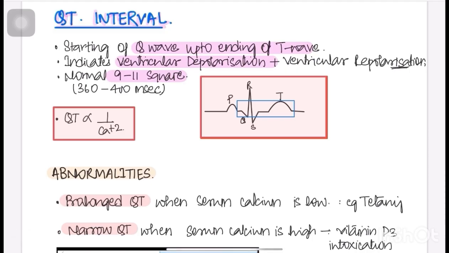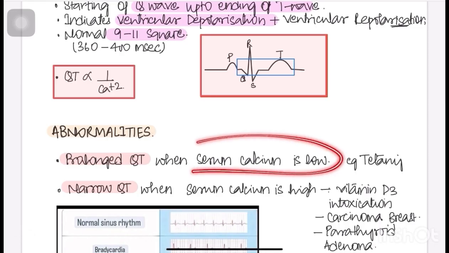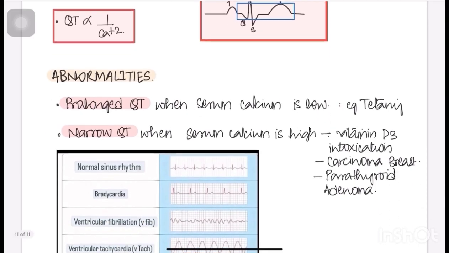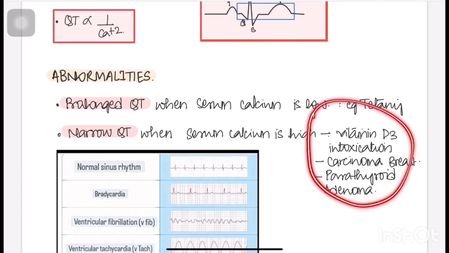The QT interval is inversely proportional to calcium. So if we have prolonged QT, then the serum calcium is low. If we have a shortened QT, then serum calcium is high. So these are the conditions when your serum calcium would be high.